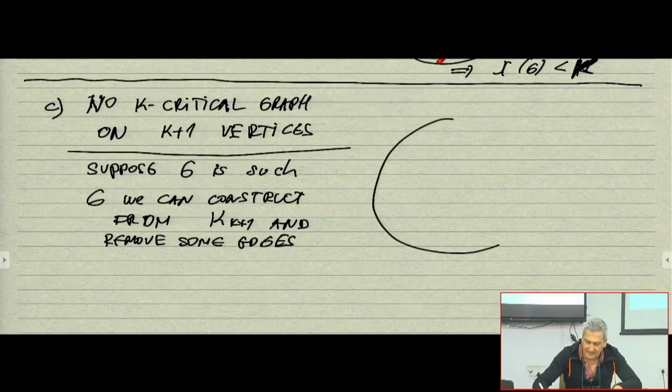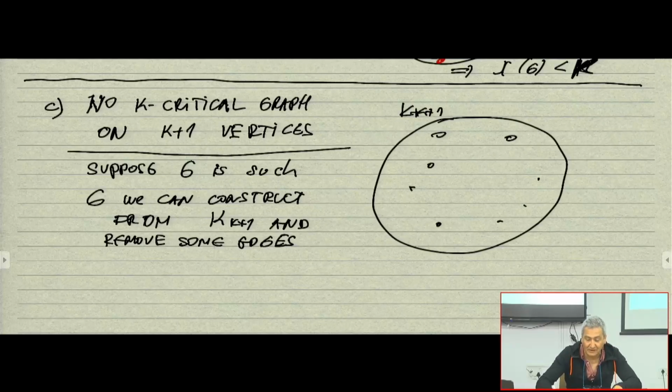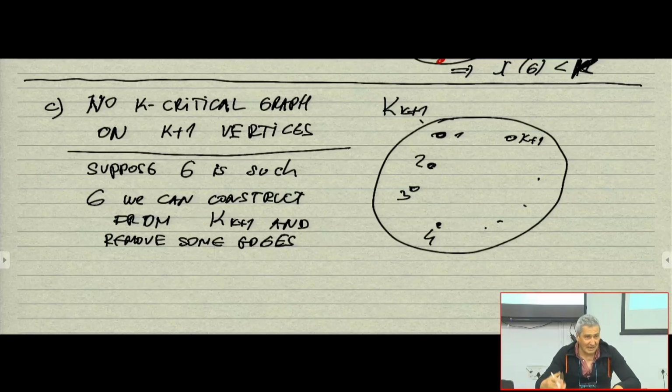Here is our K plus 1. The number of vertices is correct: 1, 2, 3, 4, up to K plus 1. But because K_{K+1} is K plus 1 critical and G is not, we must remove some edges.